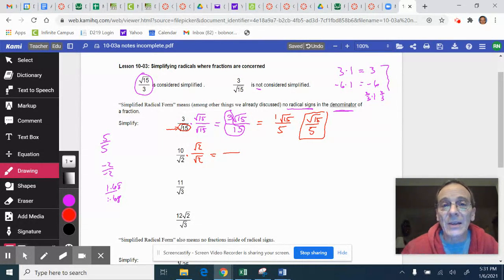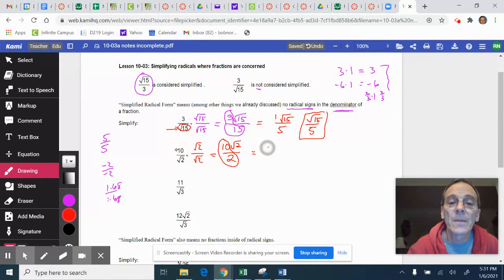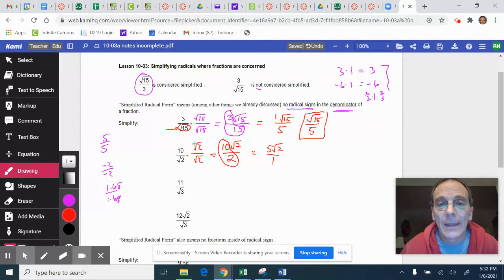So again, multiplying straight across, 10 times the square root of 2 is 10 root 2, and square root of 2 times square root of 2 is 2. Don't circle that until you've thought about whether or not you can simplify that anymore. And we can. The 10 divided by 2 reduces to 5 over 1. 5 root 2 over 1. But you should not be leaving anything over 1 when you get to high school anymore.